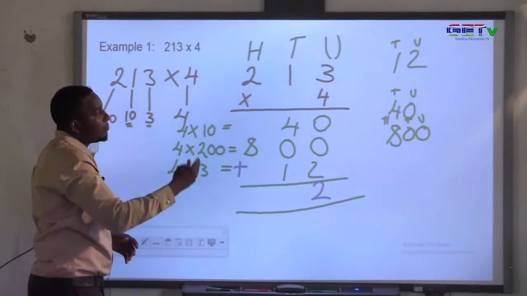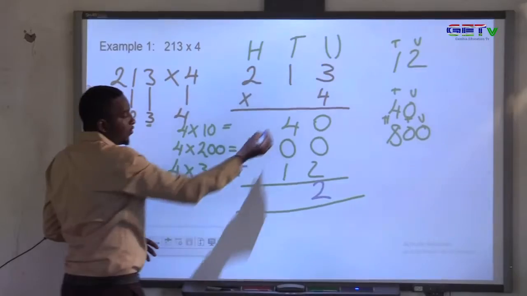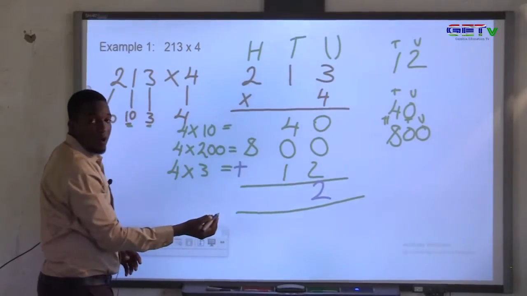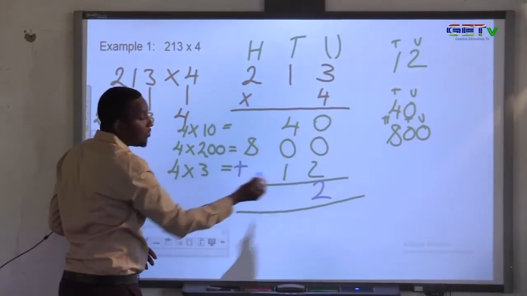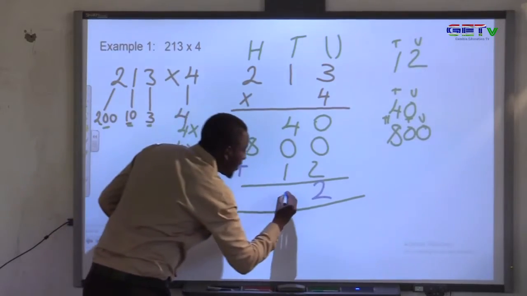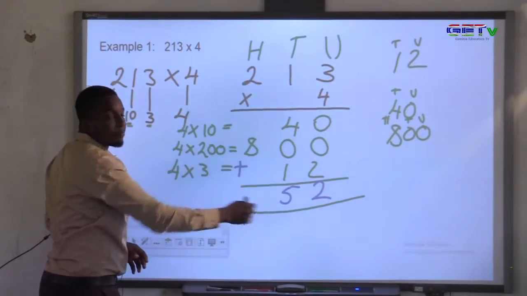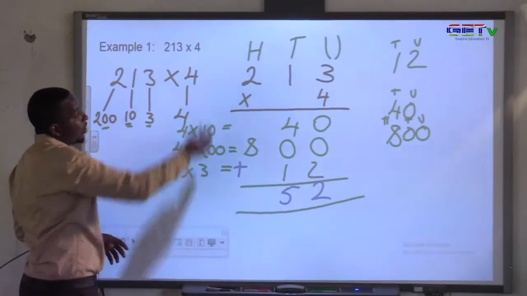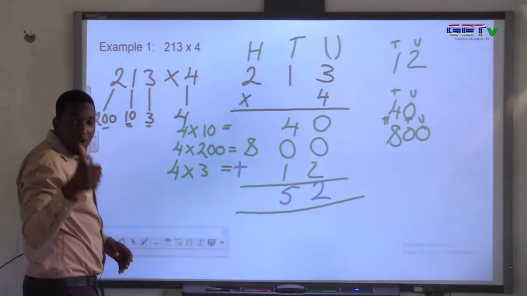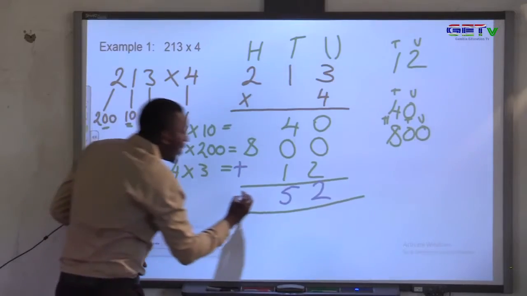Then we come to the 10th column. 4 plus 0 will give us 4. And 4 plus 1 will give us 5. So we are going to have 5 under the 10th column. Then finally, under the 100th column, we have only one digit. We just write it down.